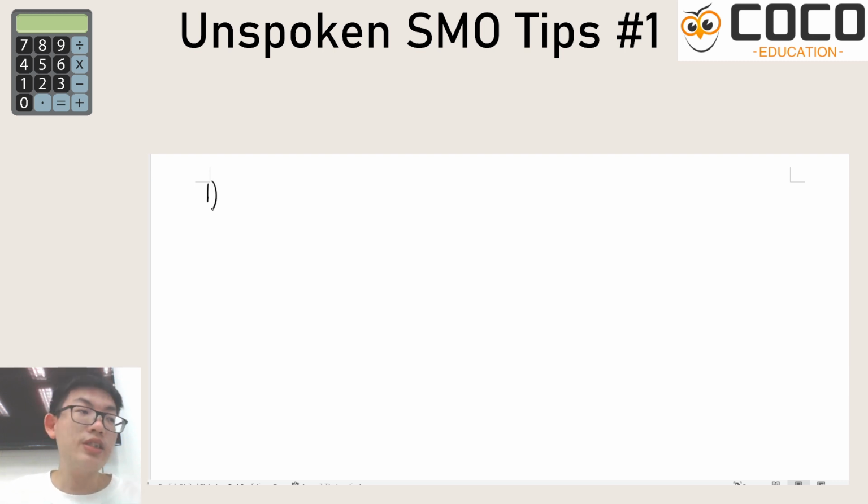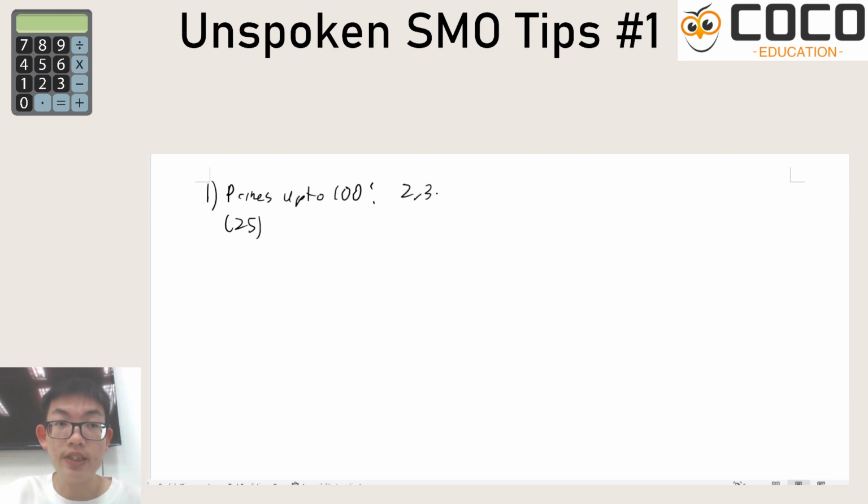Now, the first thing that you want to know about your factorization is that you still need to know primes up to 100. And this is something that you should spend a bit of time to get comfortable with, whether by memory or just by number sense. There are 25 of them, which I shall just write out here.